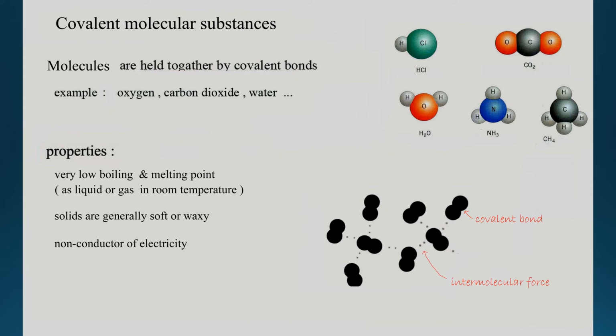But when you look more closely, what is the attraction force between one molecule and another molecule? That is the intermolecular force. What is the intermolecular force? Hydrogen bond, which corresponds to a boiling point of around 100 to 200 degrees. What else?